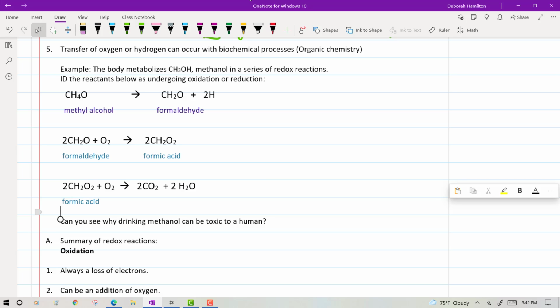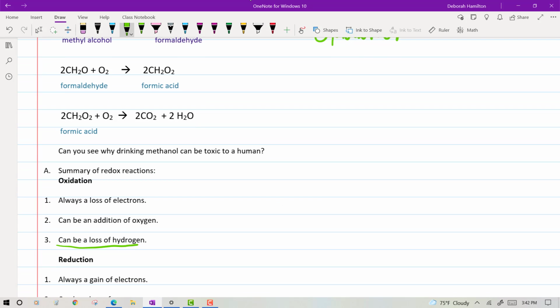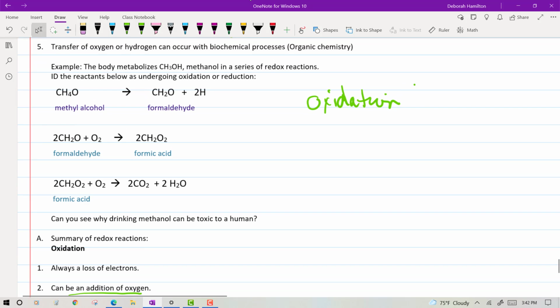You can see if something is oxidized. Let's take a look at each of these reactants and see if they're oxidized or reduced. Remember, oxidation for biochemical processes is a loss of hydrogen or a gain of oxygen.